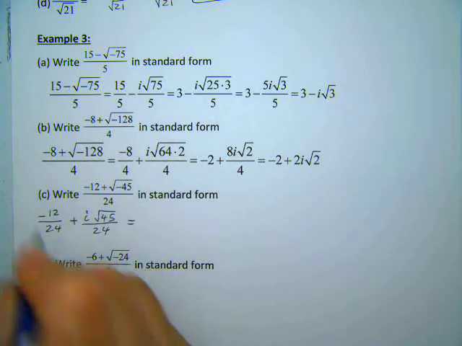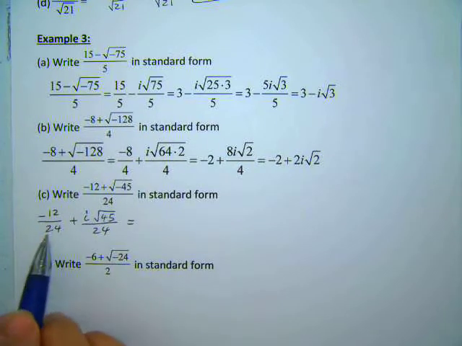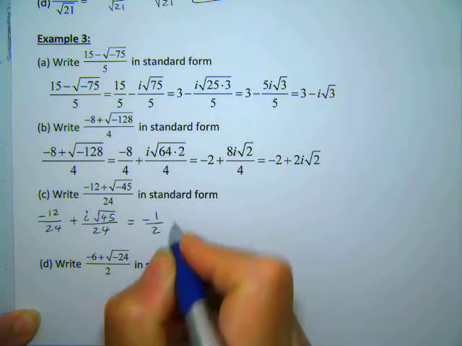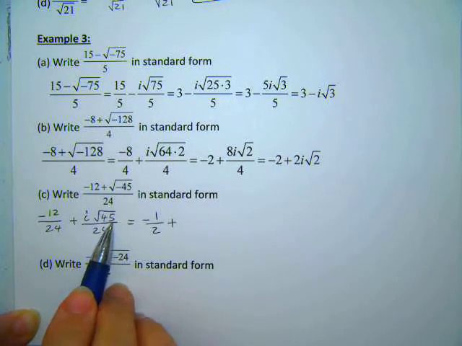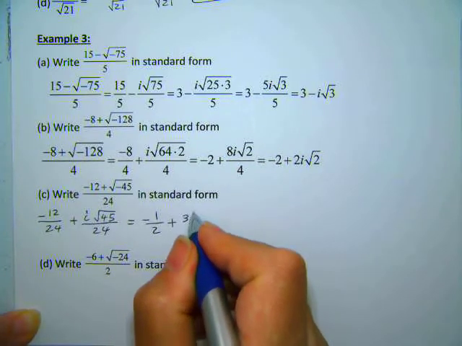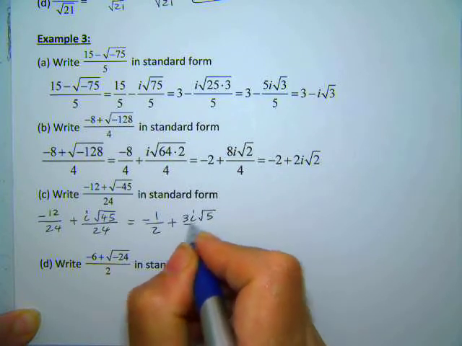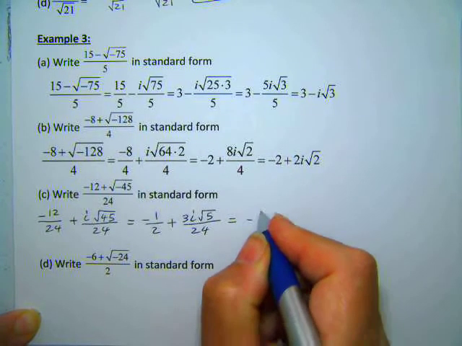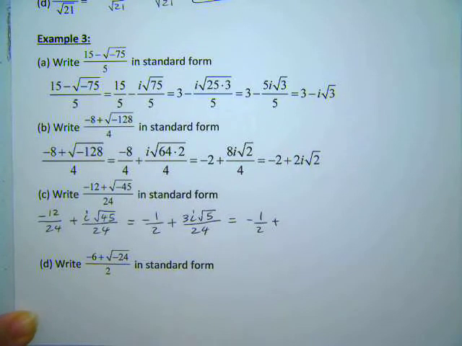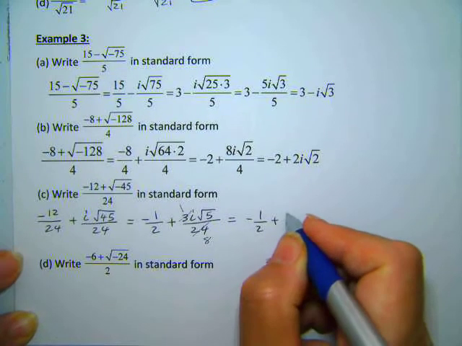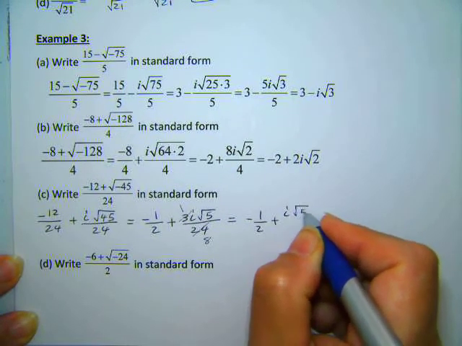And now all we need is to simplify. Negative 12 over 24 is negative 1/2 plus. Now 45 is 9 times 5. The 9 comes out as 3, so we have 3i square root of 5 divided by 24. We'll see that we're not done. In math, you have to simplify all the way. So now what we have is negative 1/2 plus the 3 goes into 24 8 times. So what we have is i root 5 over 8.